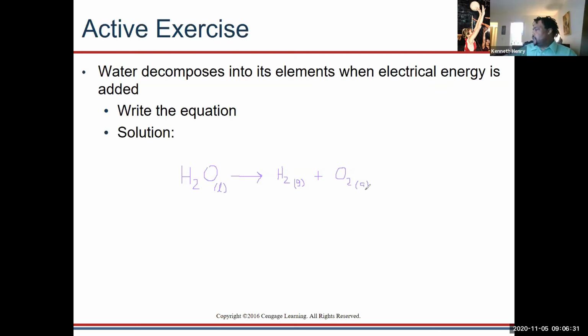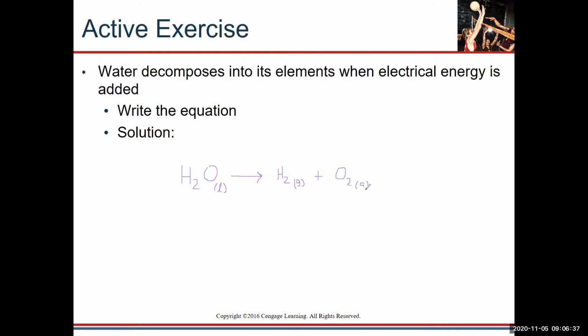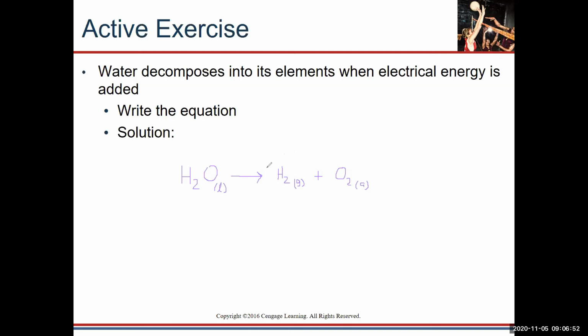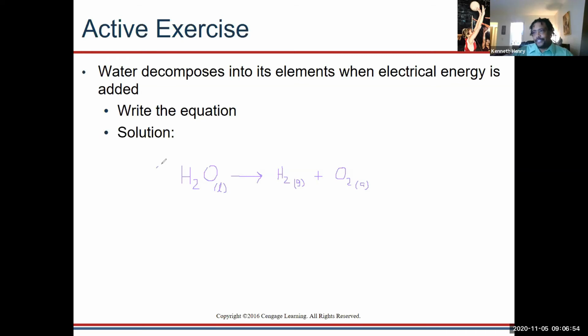Erica, is it balanced? No. You need a 2 in front of the oxygen on the product side. Or, I forgot what side that is. Left. Okay, this side here? Yes.